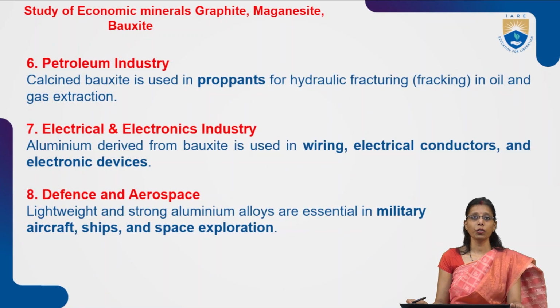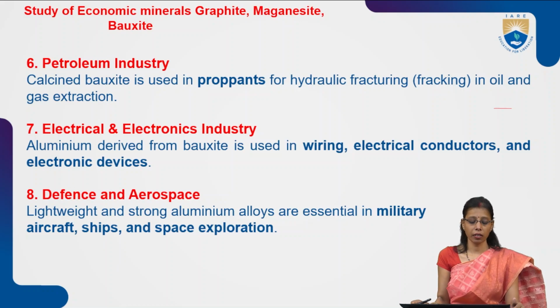Next, coming to the petroleum industry. Bauxite is even used in the petroleum industry, where calcined bauxite is used as proppants for hydraulic fracturing, or what we call fracking, in oil and gas extraction. And the seventh thing is the electrical and electronics industry.